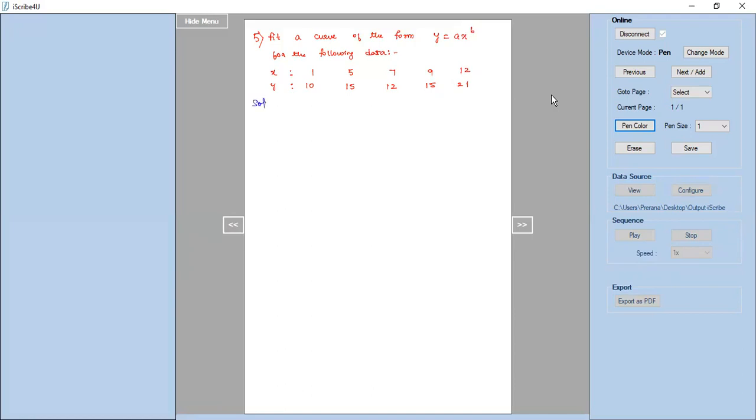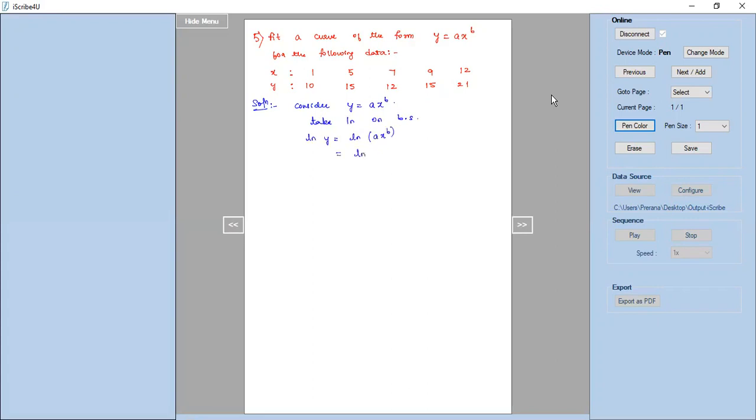The solution. Consider the given curve y is equal to ax power b. Take log on both sides, ln. We are taking natural logarithm, which I'll indicate by ln because that is what we use in our calculator. So ln y is equal to ln of ax power b.